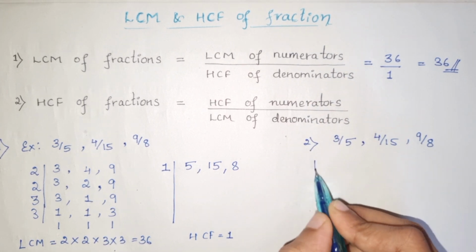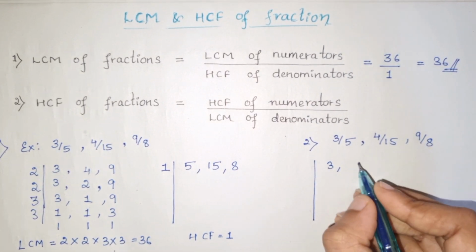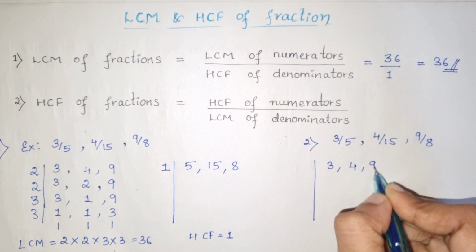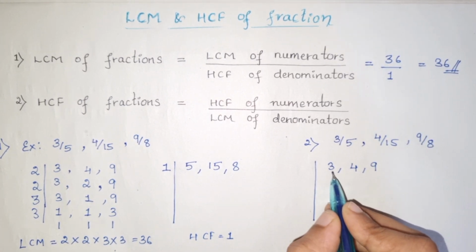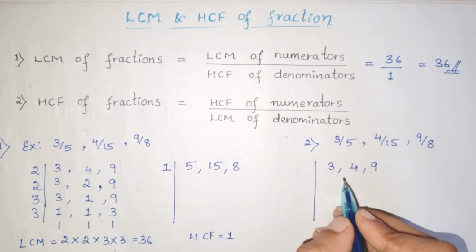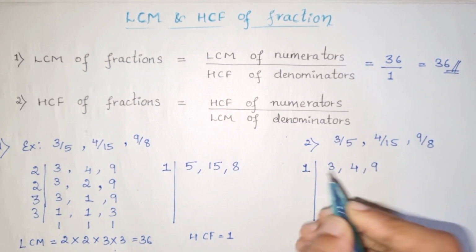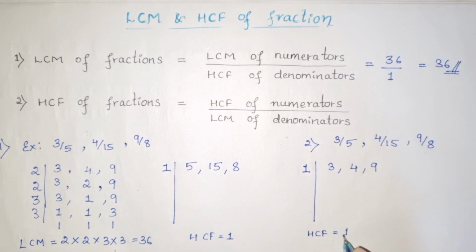Okay, so I'll write the numerators, that is 3, 4, 9. We need to find HCF of these three. Here also 3, 4, 9 are not commonly present in any of the numbers. So we can take it as 1. So your HCF is 1.